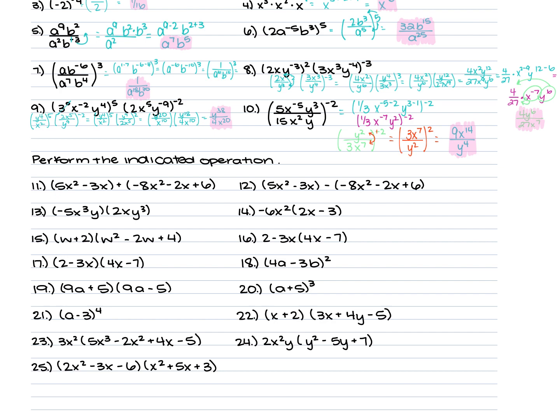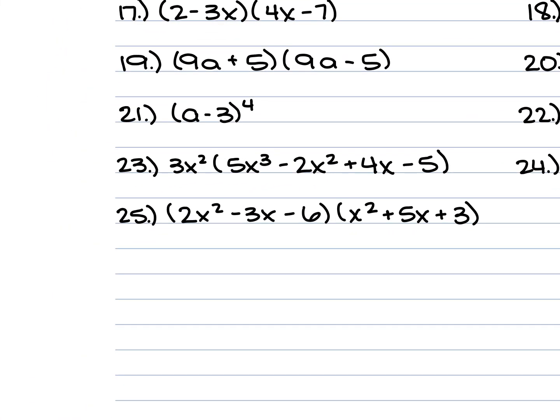So for example, if you had something like 37x to the second power plus 4x to the fifth power plus 2. Put this in standard form.